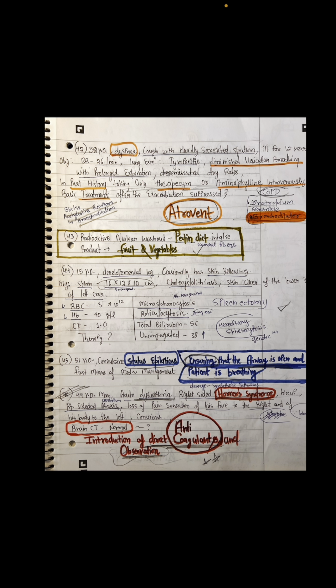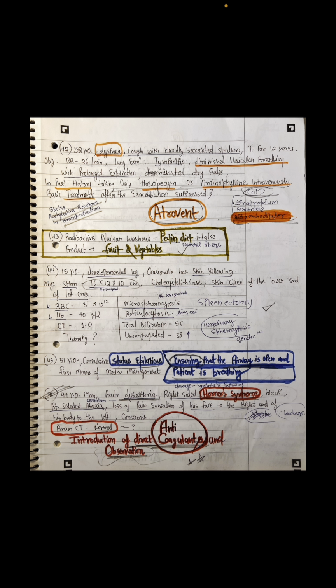Next patient complains about dyspnea, cough with hardly secreted sputum, ill for 12 days, breathing rate is high. Lung examination: tympanitis, diminished vesicular sound with prolonged expiration, diminished dry rales. In the past history, taking only theophylline, aminophylline intravenously, as basic treatment. Sir, this is the case of COPD.